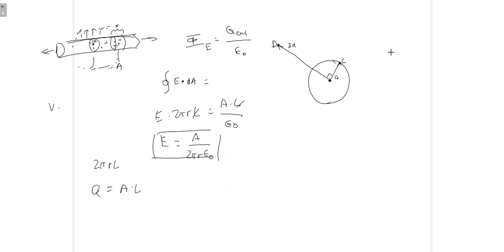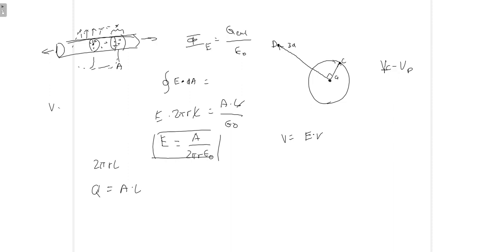Alright, so we're looking for the potential difference, Vc minus Vd. Now we know that V is equal to the electric field times the distance. So we have the electric field at these 2 points.